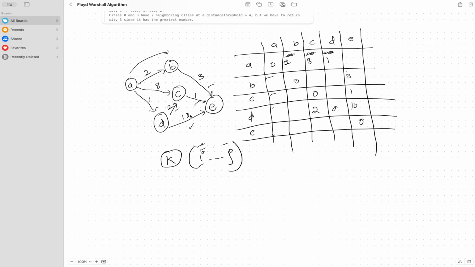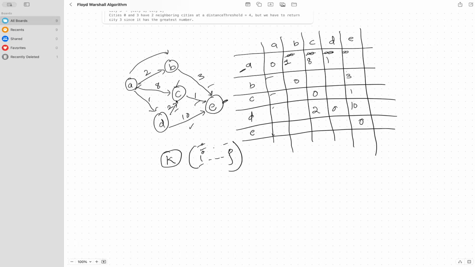So we'll simply say, let's suppose I need to try, can I go A to E via C? Because that is directly visible in my graph, that A to E I can go via C. So A to E right now is infinite. Now to go A to E, what we will check is, can I go A to C?